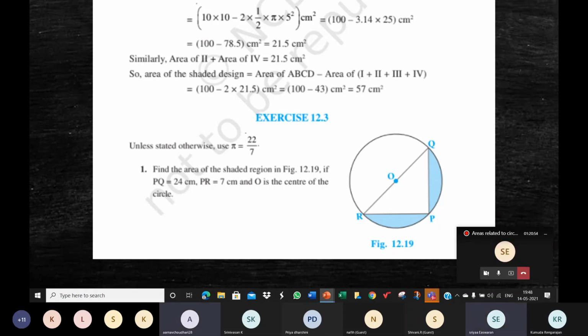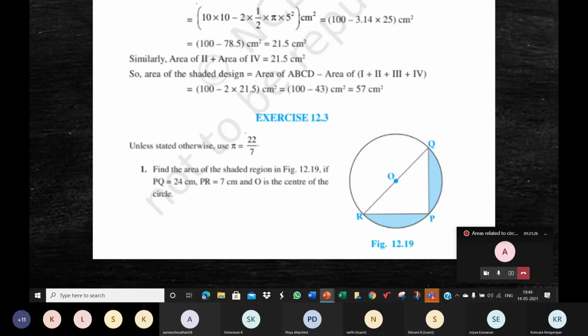Ma'am, angle of a semicircle. Yeah, good. Yes, you've recalled the correct theorem, but I think you can be more clear on that. Priyadarshini, Priya and Manasa have shared your pictures.